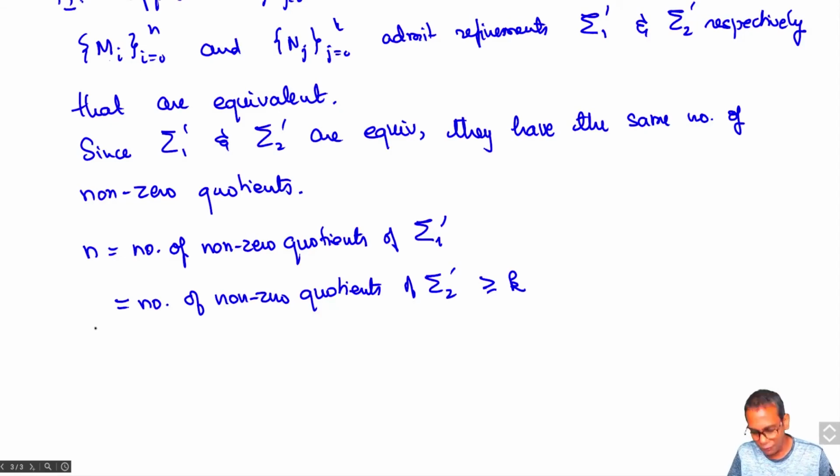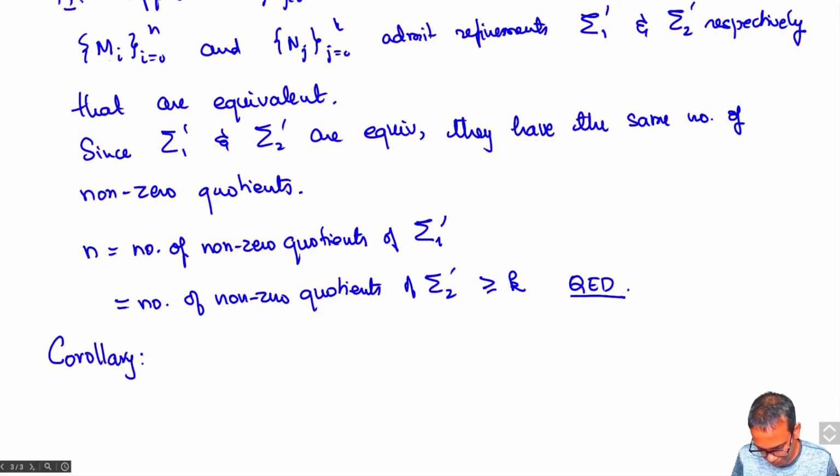So you cannot have a strict composition series of length greater than the length of a Jordan-Holder series.